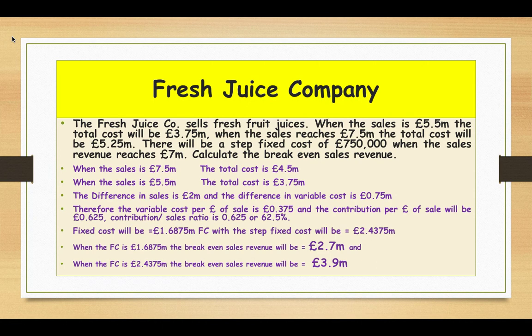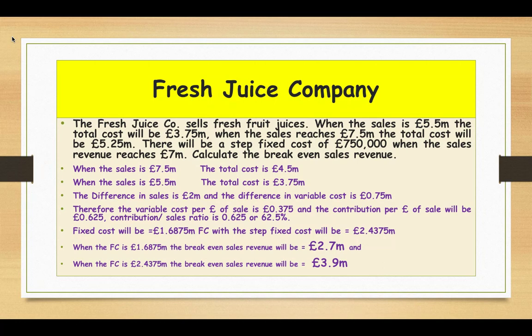So we can see here, they're not talking about units, they're talking in money value. And also the question is asking to calculate the break-even sales revenue. Now, we know the break-even point in money value formula, which is fixed cost divided by the contribution to sales ratio.